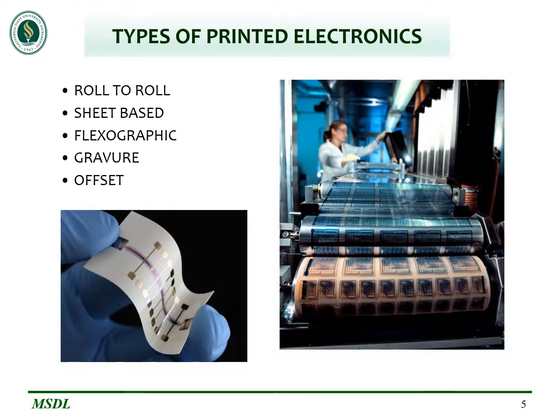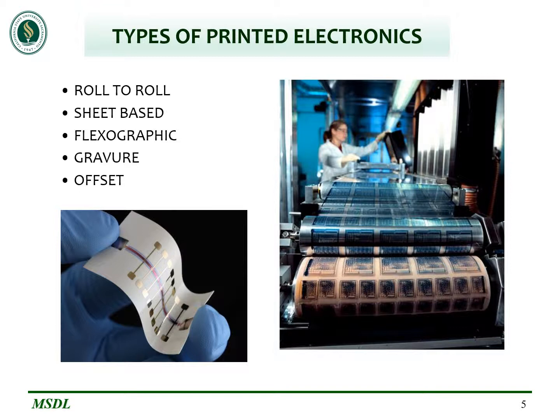There are 5 different types of printed electronics. The first one is roll-to-roll, which is processing that creates electronic devices on a roll of flexible substrate paper. The second one is sheet-to-sheet. It is the same as roll-to-roll processing, but using separate sheets.